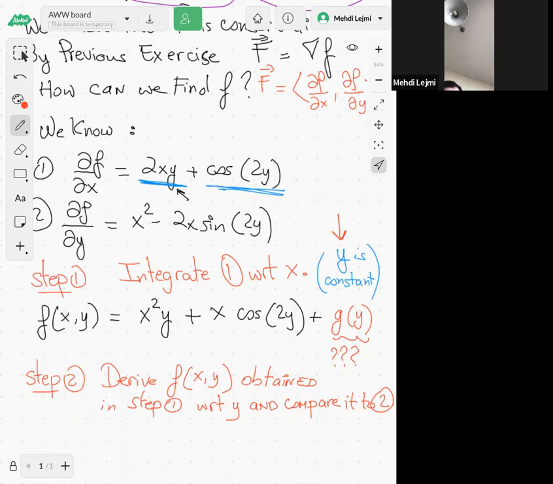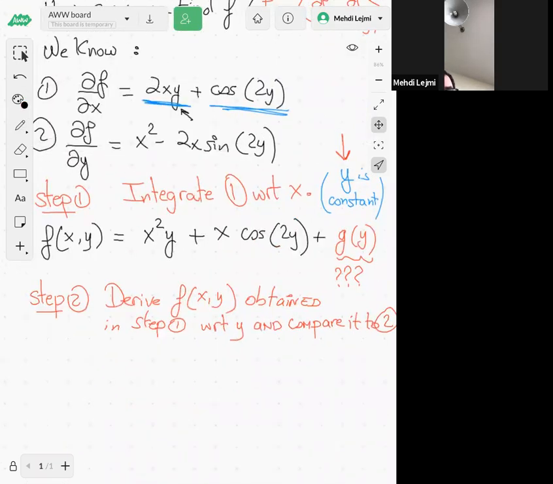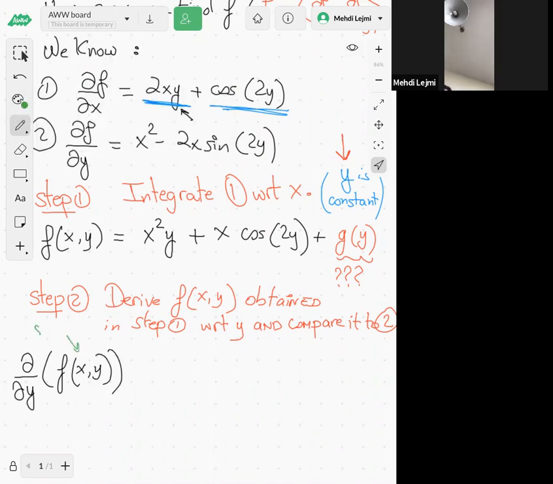So if you derive the function f obtained in the first step with respect to y, then we're going to have the derivative with respect to y of my function f from the first step. With respect to y, x is constant. So the derivative of x squared y with respect to y is just x squared.